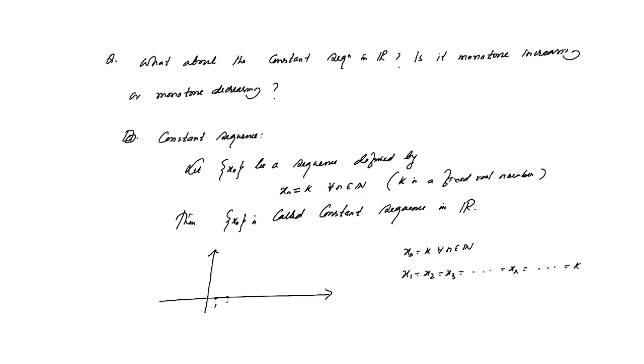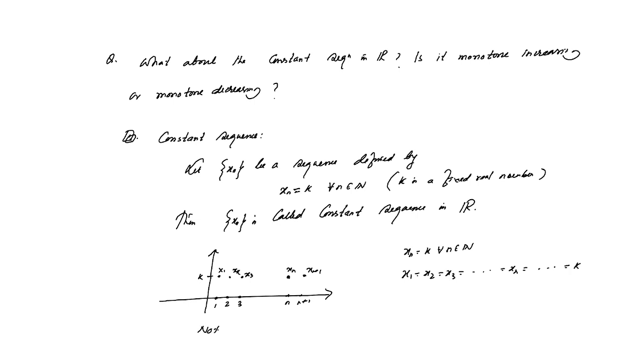So here 1, 2, 3, n plus 1 and so on. So the height is basically k: x1 is k, x2 is also k, x3 is also k, xn is also k, xn plus 1 is also k. So it is monotone increasing as well as monotone decreasing.